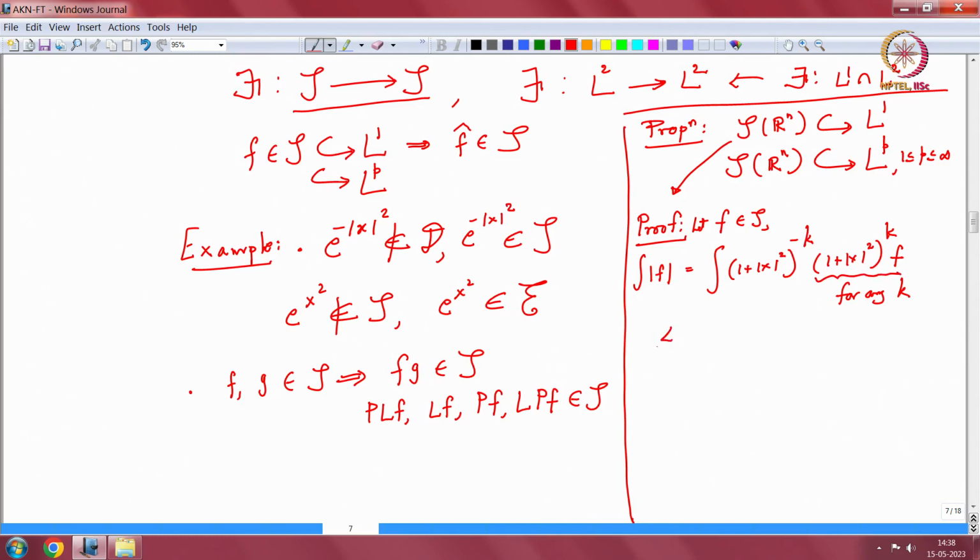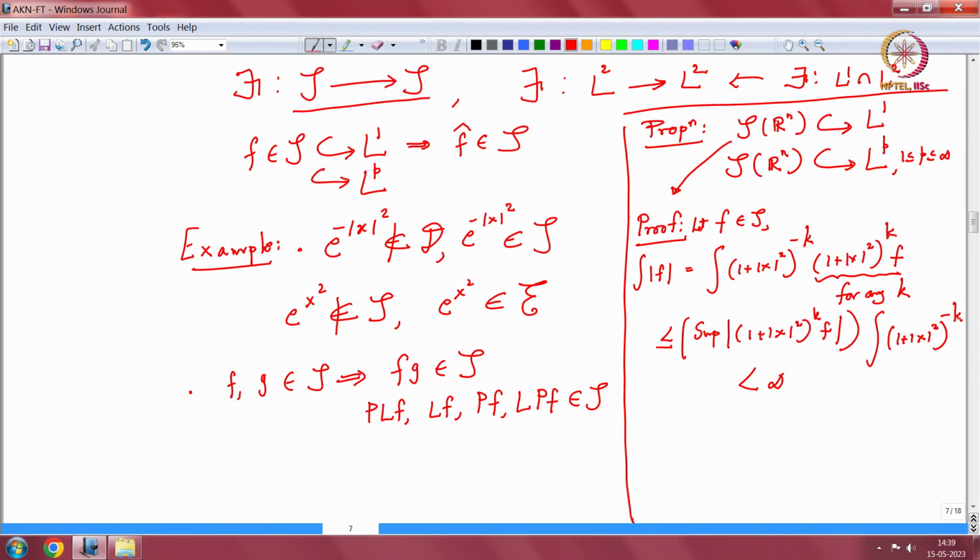Since f is in zeta, this is a bounded quantity. So I can say this is less than or equal to the supremum of modulus of (1 plus mod x square) power k f, which is the usage of that equivalent formulation, because this is bounded since f is in zeta. Then you get the integral of (1 plus mod x square) power minus k.